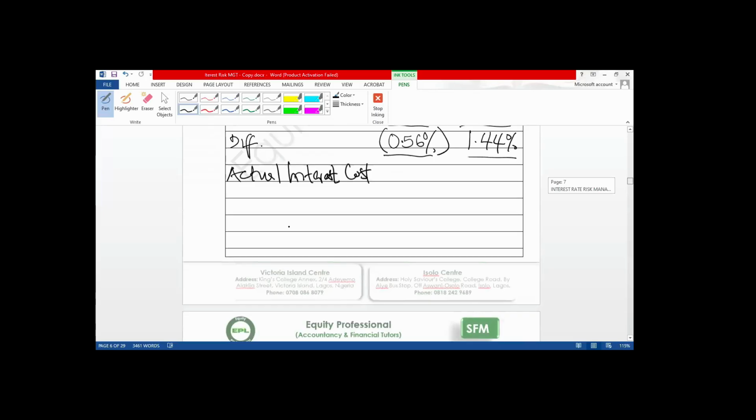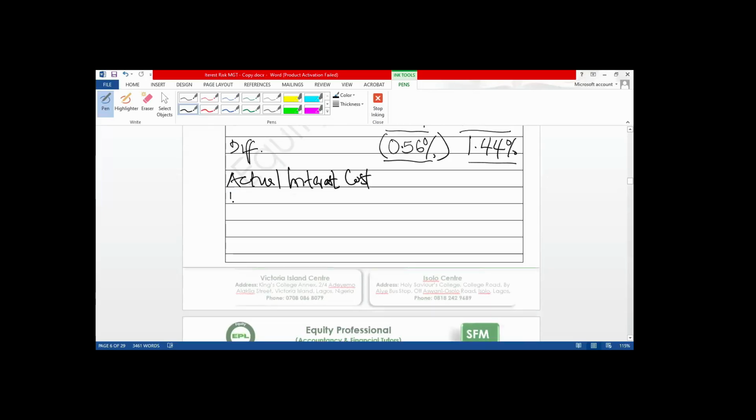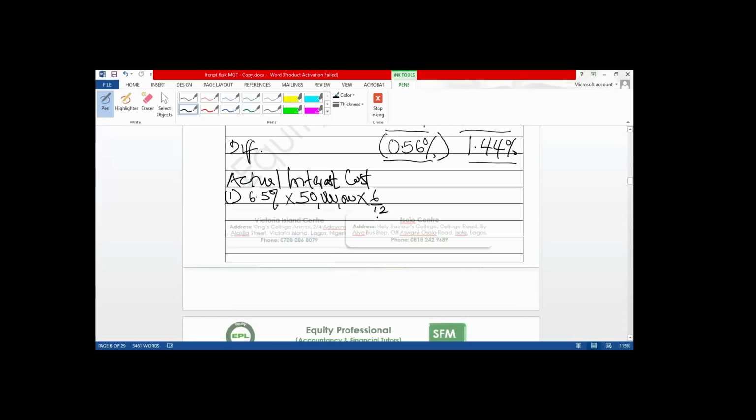Okay, let me do it here. Scenario 1. For scenario 1, 6.5%. We are going to borrow 50 million for 6 months. Please work this out. What is the actual interest cost under scenario 1?